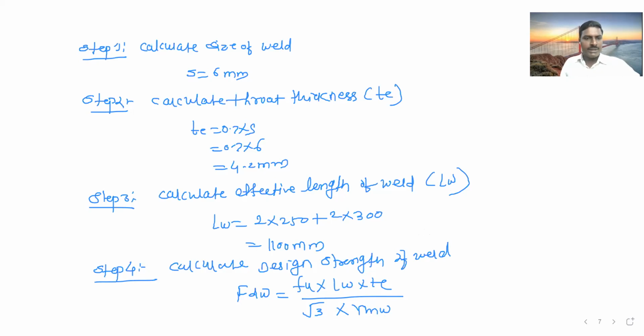Okay. So now put the values. So Fu is again 410. Now here the change is only what in this formula? Effective length, Lw. So 1100 into 4.2 divided by under root of 3 into 1.25.